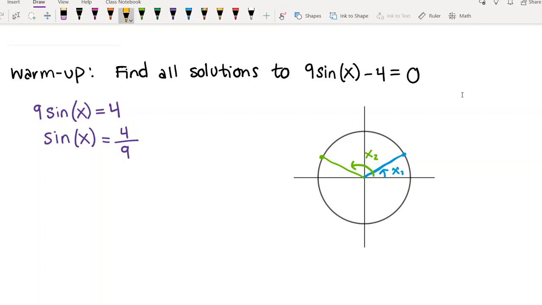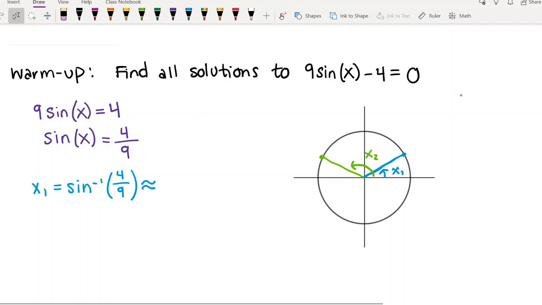We know that inverse sine only gives us angles between -pi/2 and pi/2. So the angle we're going to get by using inverse sine is going to be x1, because x1 is definitely between 0 and pi/2. So our first angle is going to be inverse sine of 4/9.